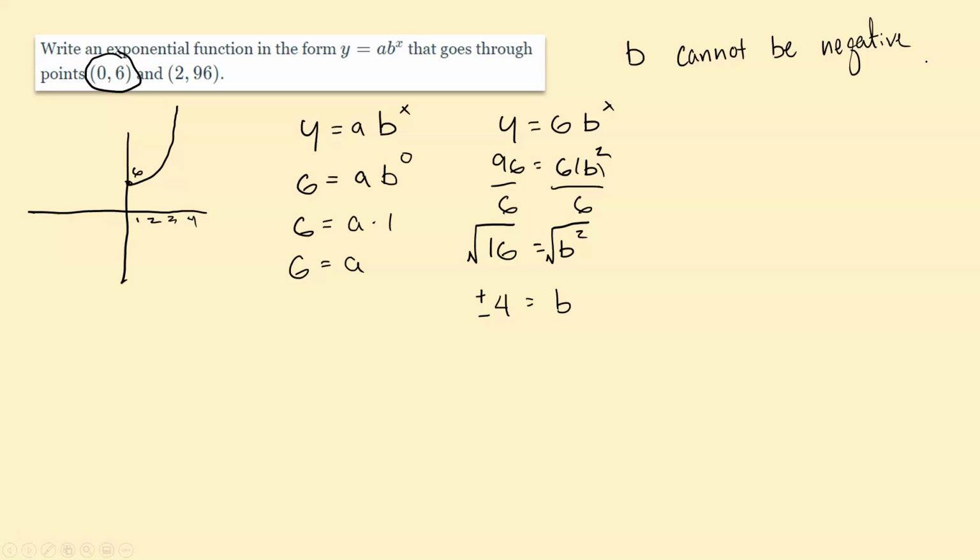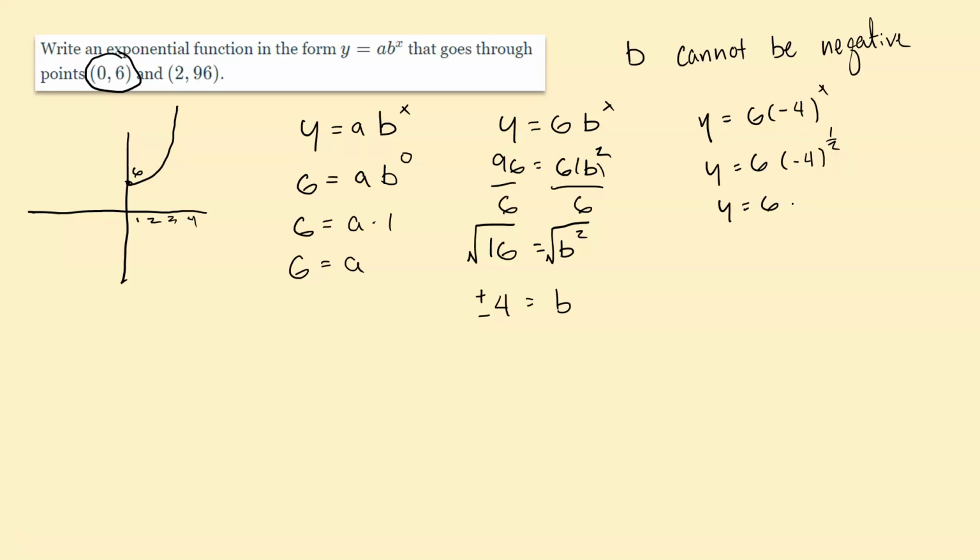Reason for that is, if I take this negative 4 answer that we got, y equals 6, and then negative 4 to the x power, this can't be a function, and it's asking for an exponential function here. The reason why it can't be a function is if I say x is 1/2, for example, you can't take negative 4 to the 1/2 power.